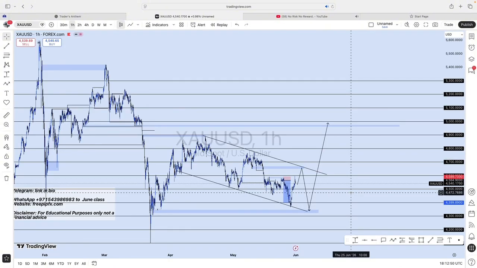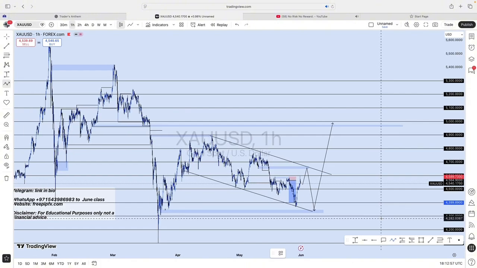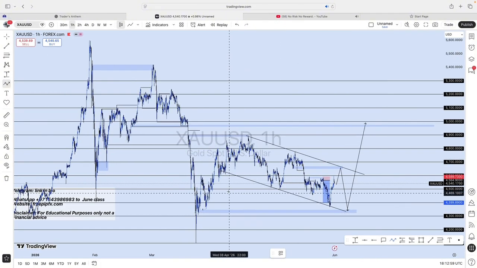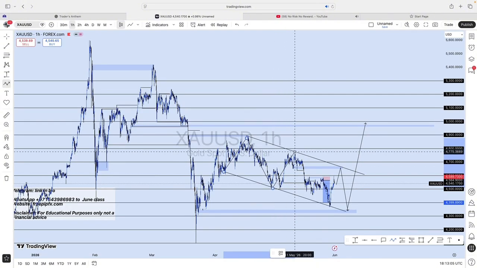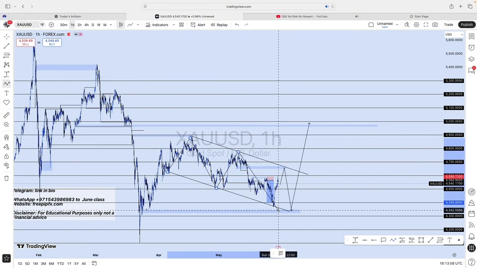Now we know the trend price is in on XAUUSD, so it is very simple and straightforward. This is the trend: a lower low, a lower high, a lower low over here, a lower high, a lower low over here. Now we expect a lower high, and if price gets here, we have this breaker block price is going to mitigate, and there is an inducement also, and then there is a trend line.